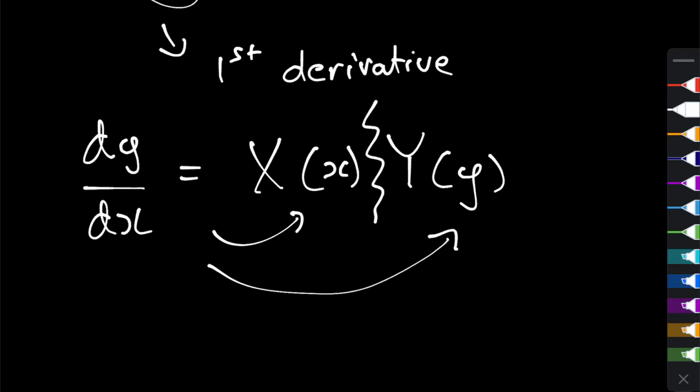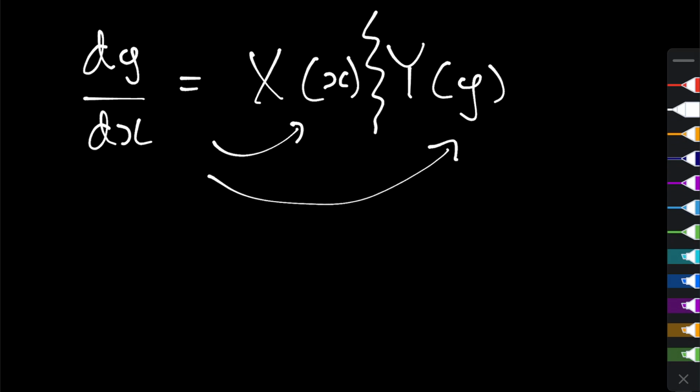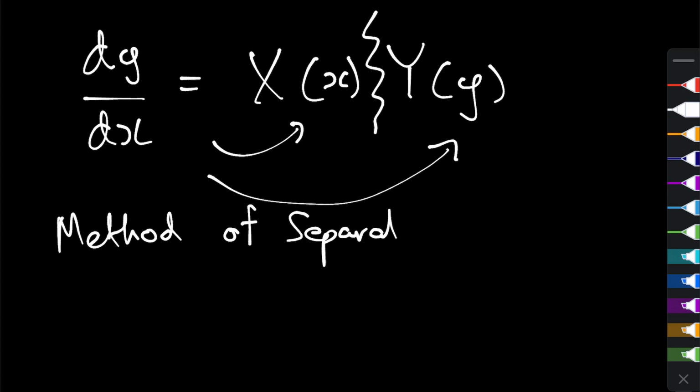So how would you go about solving this? Well, as the name suggests, we'll try to separate the x and y components. This is called the method of separation of variables, because that's exactly what we're doing here. So the main idea is to get all the x's on one side and y's on the other, and that would look like this.